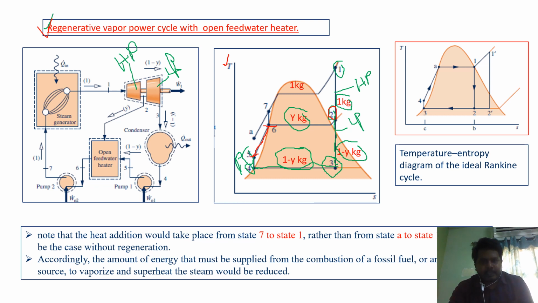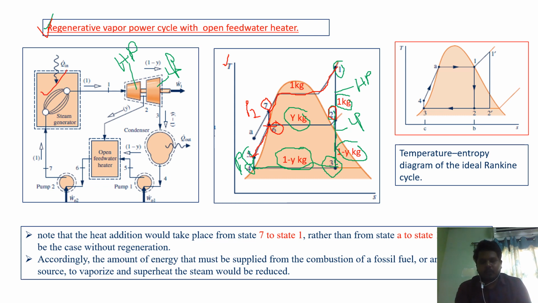Again from point 6, it will enter into the second pump P2. So here process 6 to 7 is again isentropic compression process in the pump P2, where the pressure of the fluid will increase. Again from point 7, it will enter into the boiler in the process 7 to 1.